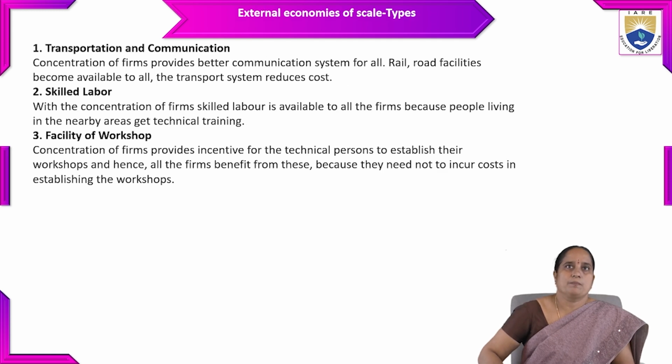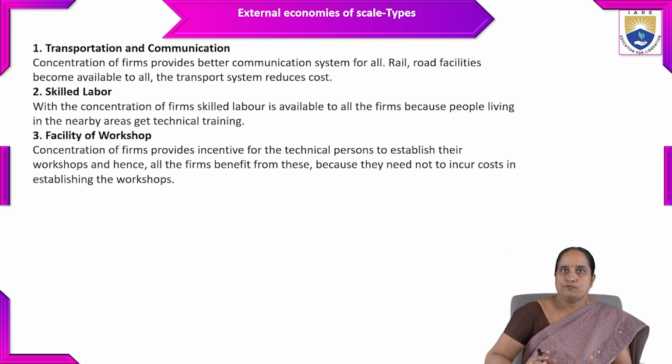So this is an example of an external economy of scale, one that affects the entire industry or sector of the economy. The first economies of scale type: transportation and communication. So concentration of firms provides a better communication system for all. For example, railroad facilities become available to all. The transport system reduces cost. The second, skilled labor.